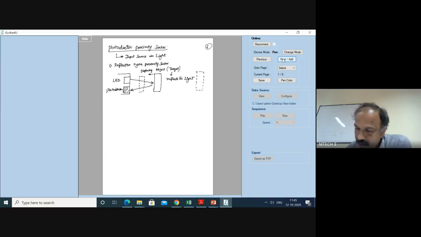If the object is nearer to the LED, the photo detector will receive the reflected light faster. If I move the same object away from the sensor, the photo detector is going to receive the light at a later time. That means depending upon the time taken for the photo detector to receive the signal, I can say where my object is, whether it is away from the sensor or nearer to the sensor. Is this clear to you? Yes or no?